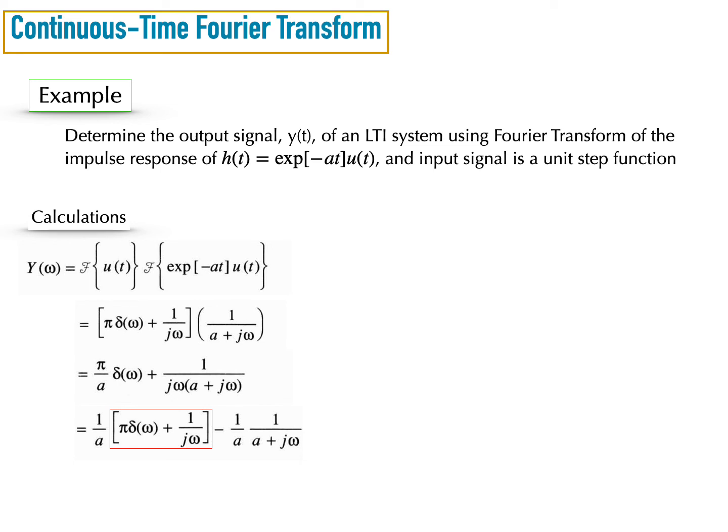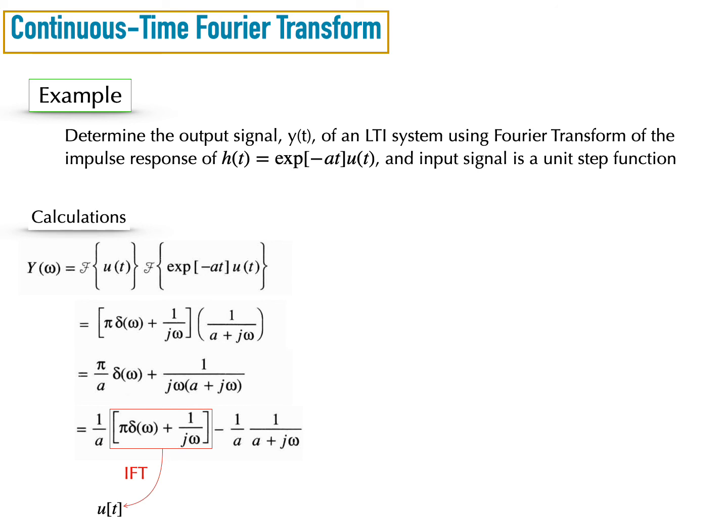It means that when we perform the Fourier transform on the unit step function, we get this formula, pi delta omega plus 1 over j omega, and when we perform the inverse Fourier transform on this formula, we get our unit step function back. So this was the reason to bring it into this form, so that we can easily perform inverse Fourier transformations.